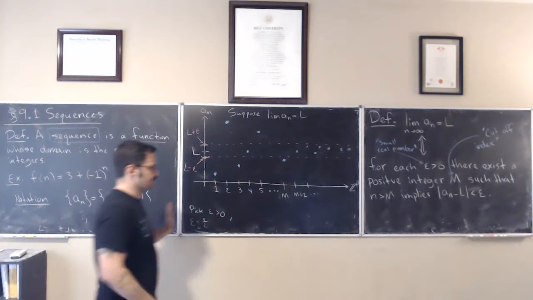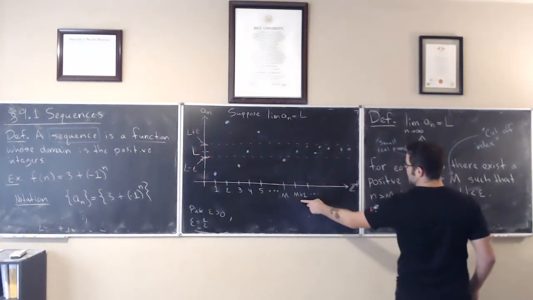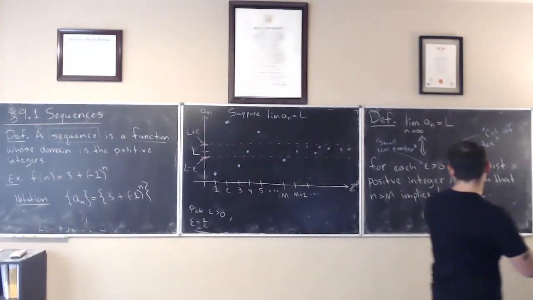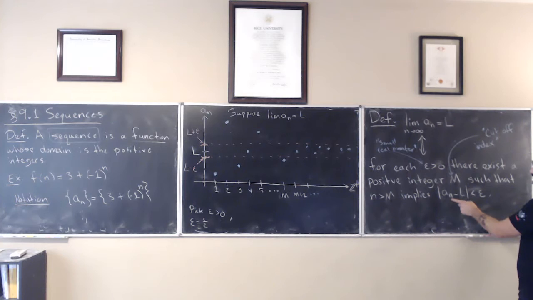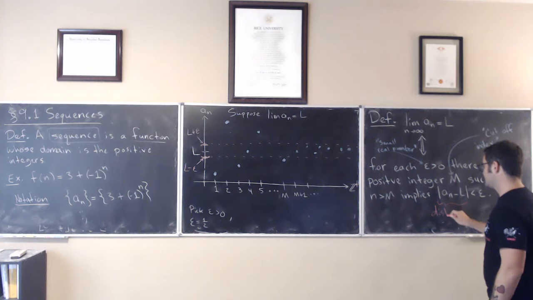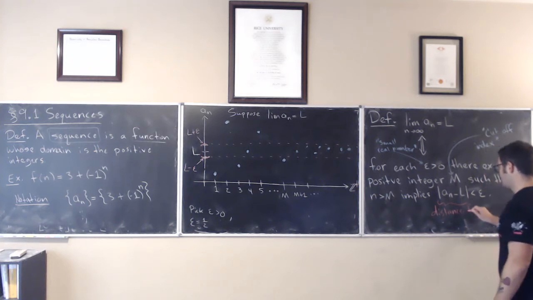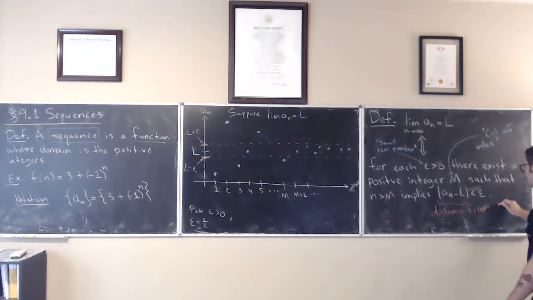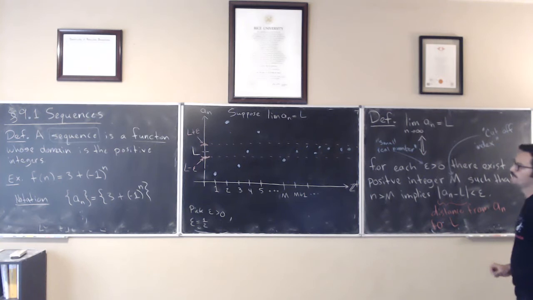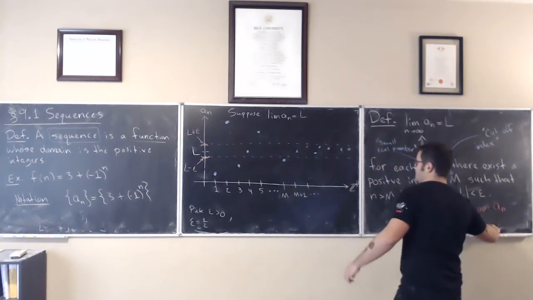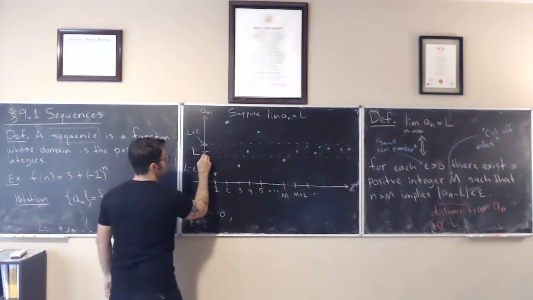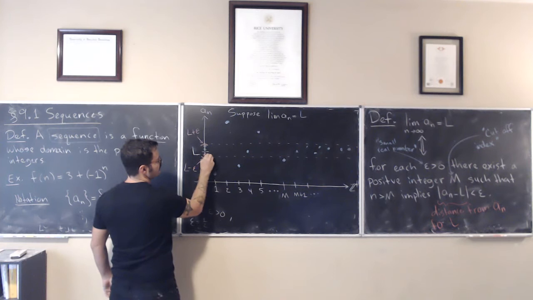For every positive integer greater than M plus 1, the distance is measured by taking the absolute value of the difference. You can think of this as just the distance from a_n to L. If I look over here to the y-axis, each of these points is in there, which means that they're all falling somewhere in here.